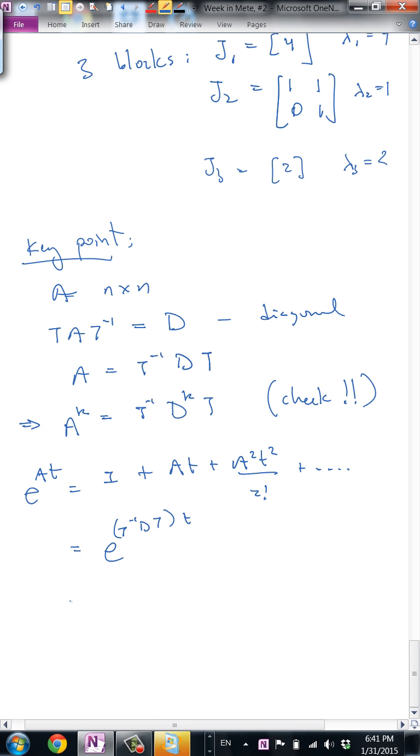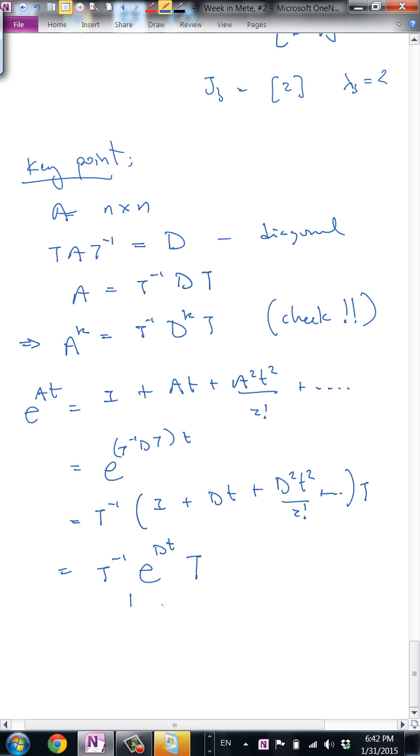And if you just plug this into the definition and factor out a T inverse on the left and a T on the right, you'll find that this is equal to T inverse times I plus Dt plus D squared t squared over 2 factorial, which is exactly equal to T inverse times e to the Dt times T. And the benefit of this is that this middle matrix, e to the Dt, we know what it is.